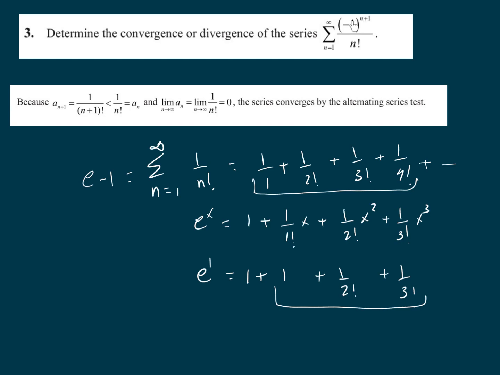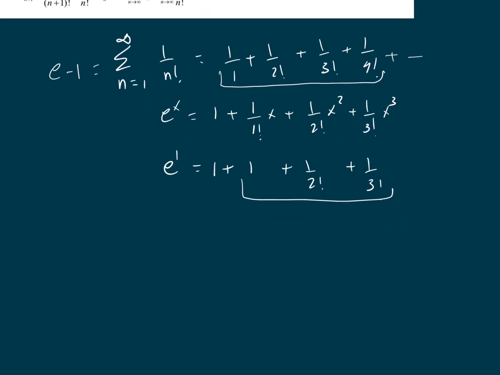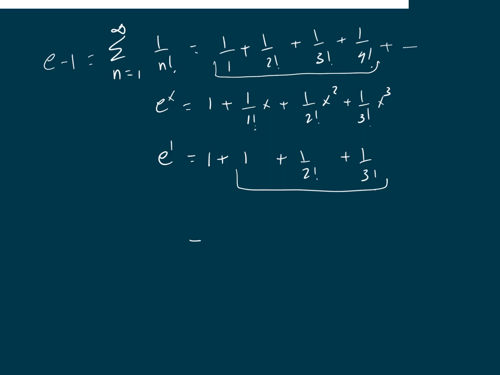So the numerator is positive, so it will be plus 1. The alternating series will be plus 1 divided by 1 factorial minus 1 divided by 2 factorial plus 1 divided by 3 factorial minus 1 divided by 4 factorial.